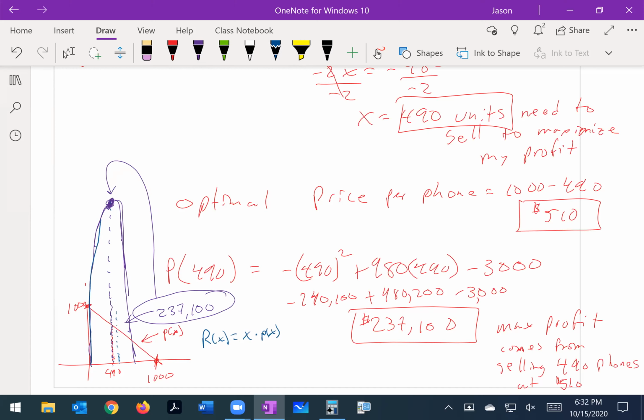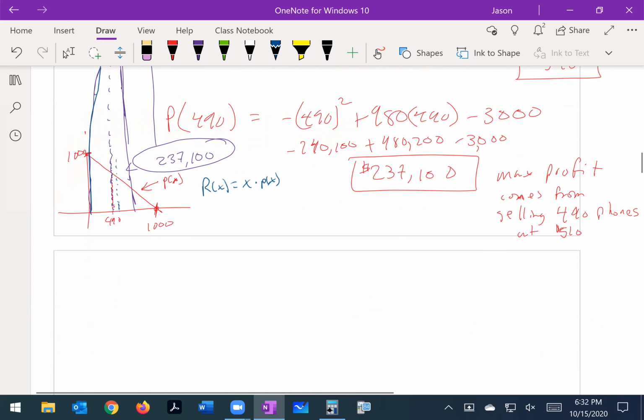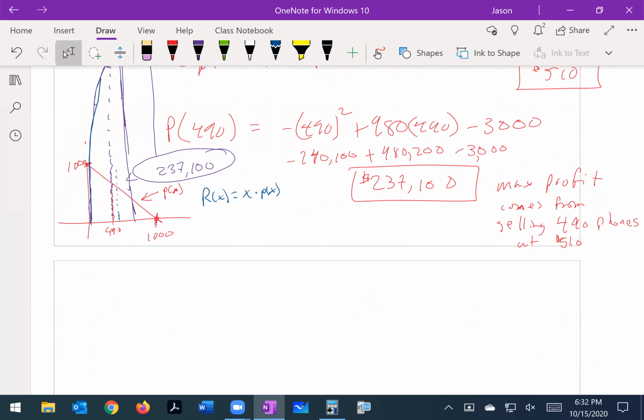If we didn't have any cost whatsoever, if it was just all revenue, then it would be 500, and 500 would be the number of units that I would want to sell. It would maximize my profit.